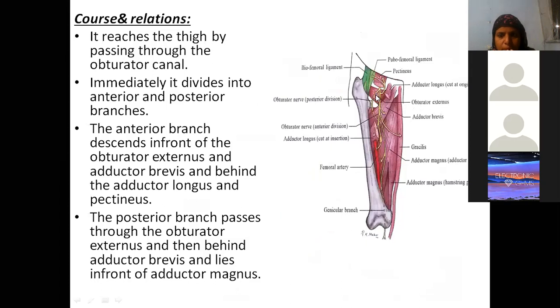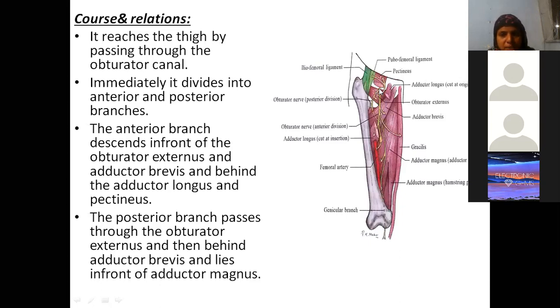Layout: deeper plane. If you cut all the muscles, very close to the hip joint we will see obturator externus. Then you cut the longus, the superficial plane muscle. Below that you find adductor brevis, and below this you find adductor magnus, the bulky muscle.